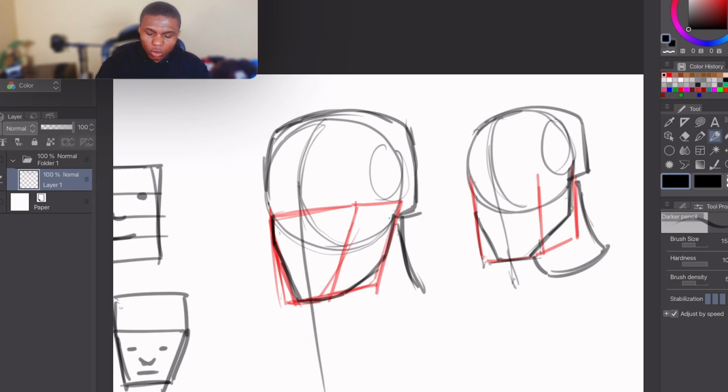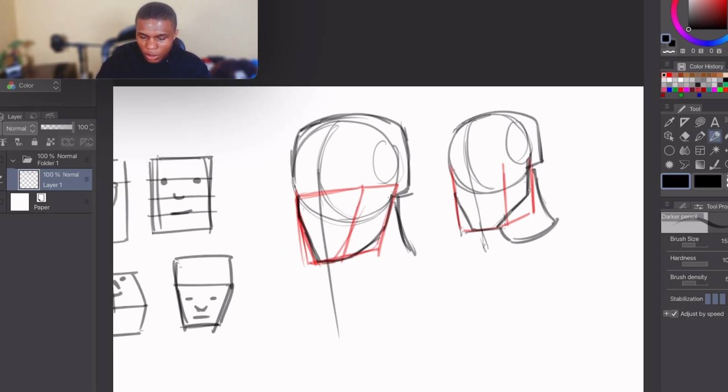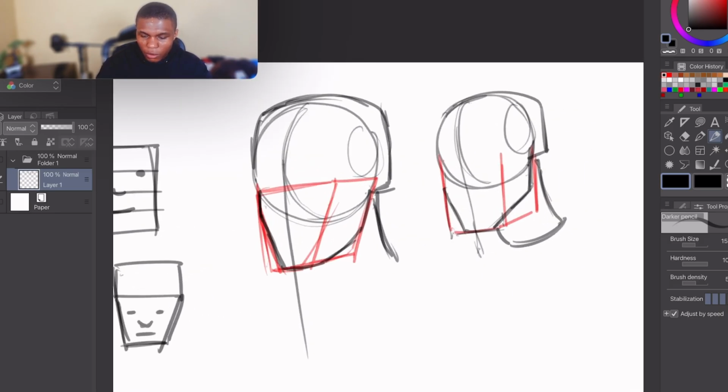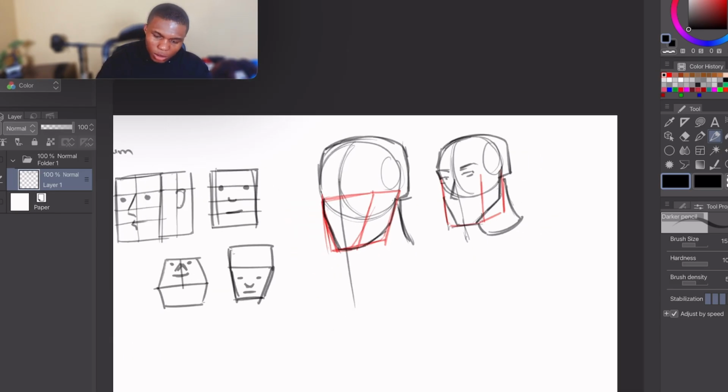Don't try to draw exactly what you are looking at. Try to get the basic placements of the facial features first, because eventually you're going to get good the more you do it. That is just what I would say about that.